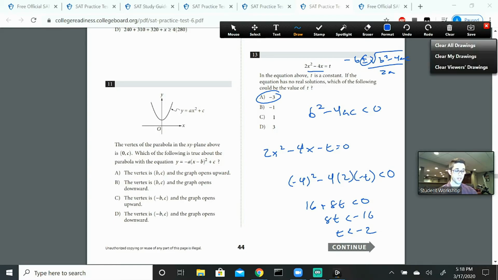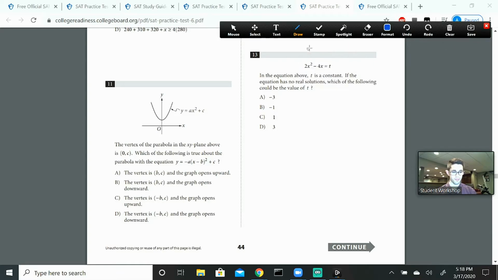There's another way to get this, and I like looking at this graphically. Some people, that algebraic stuff might be enough for you. But if you like looking at things graphically, we can treat these as two separate functions. Again, we have a quadratic in 2x squared minus 4x, and we have t.